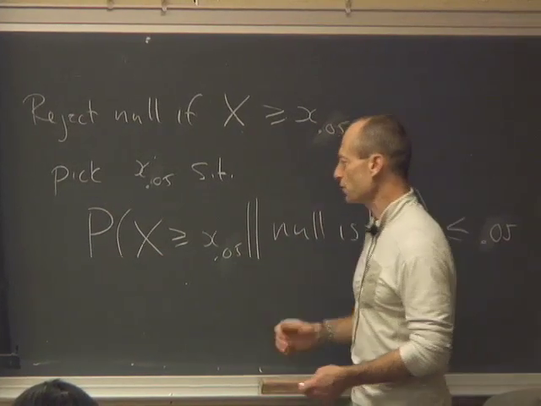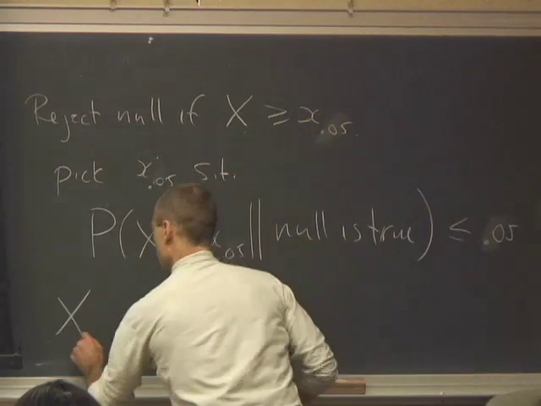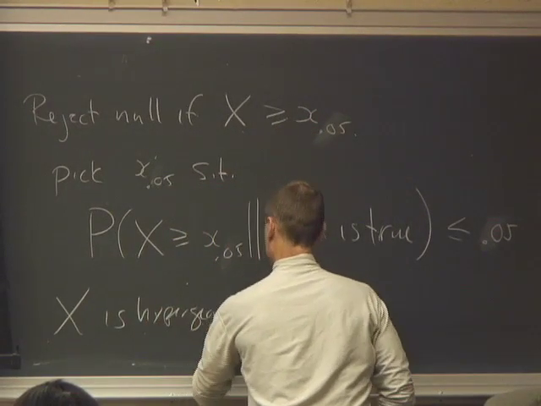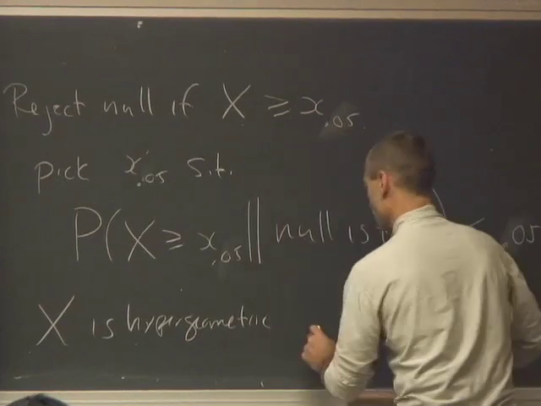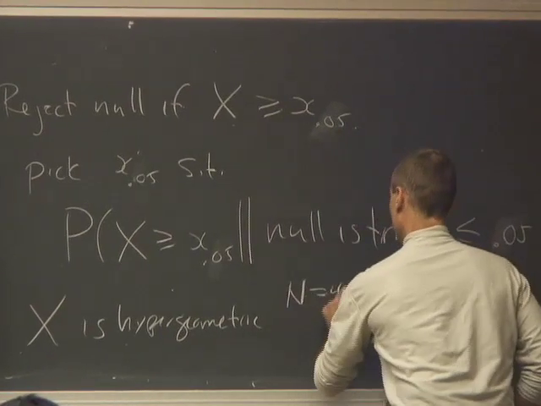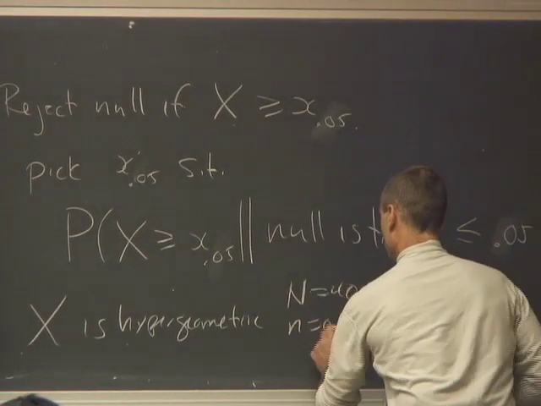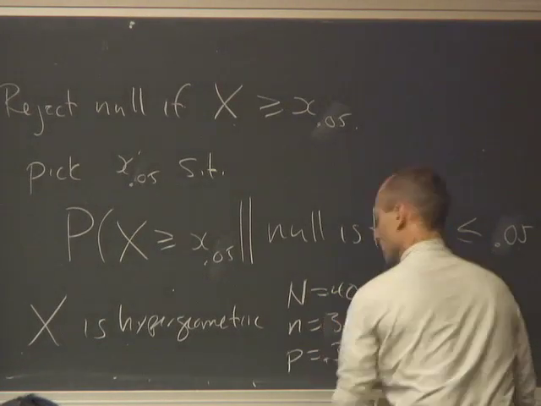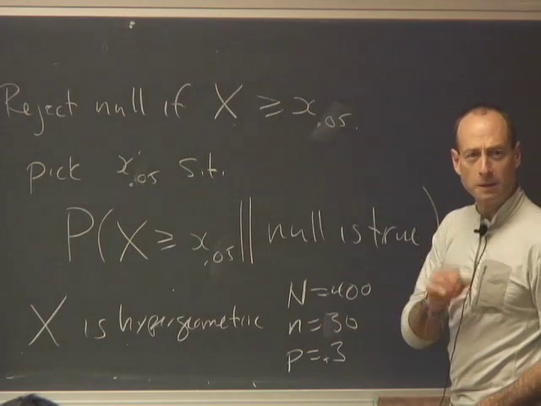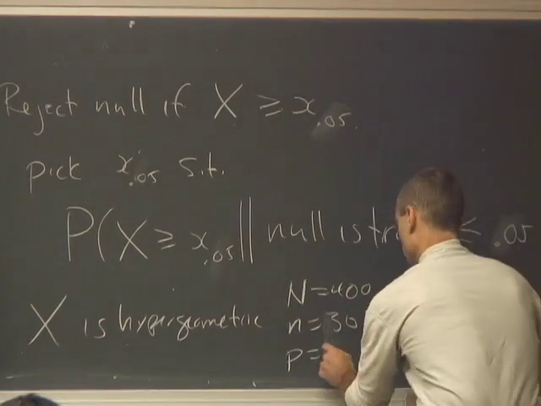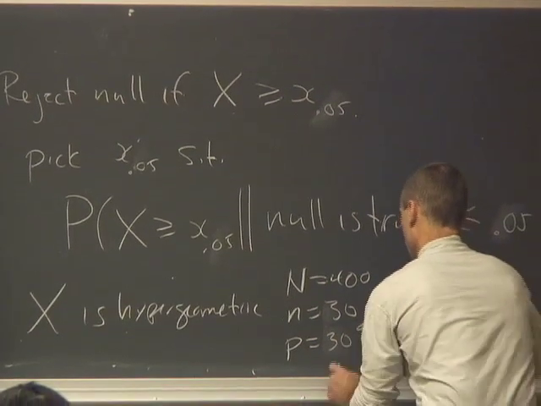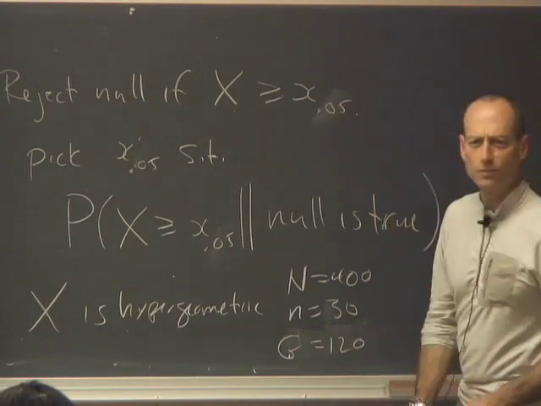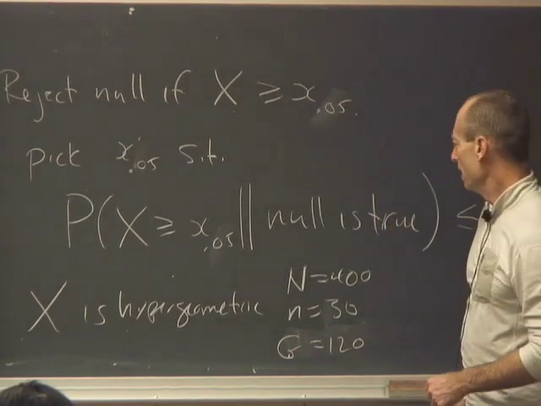If the null hypothesis is true, then x is hypergeometric with parameters N equals 400, n equals 30, p equals 0.3. P equals 30%. Sorry, but G equals 120, I guess, is the way we want to write this.